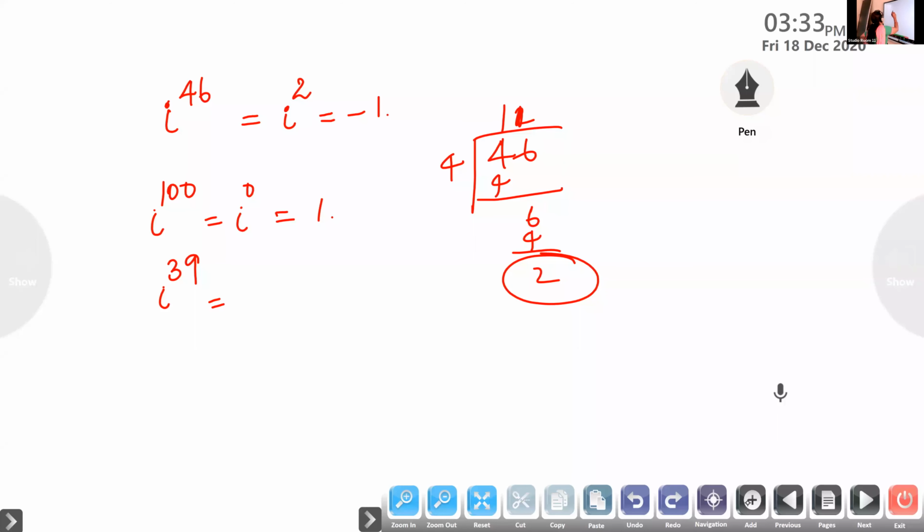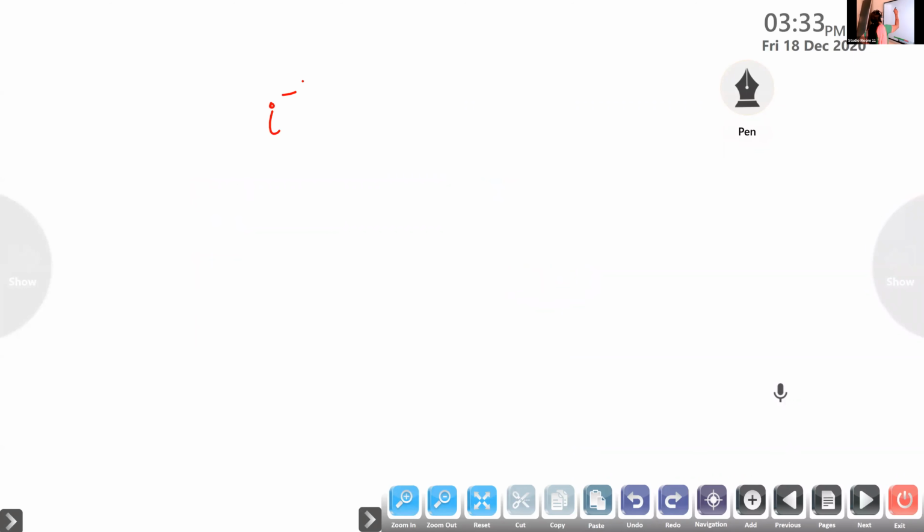Write the next one. What is I raised to negative 54? We have learned about negative exponents in our lower classes.